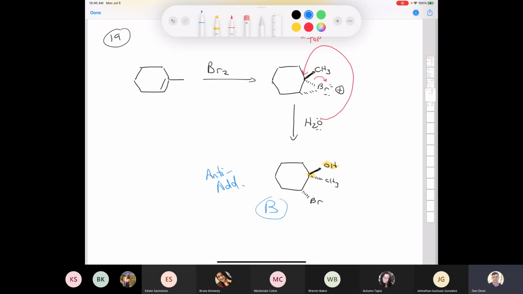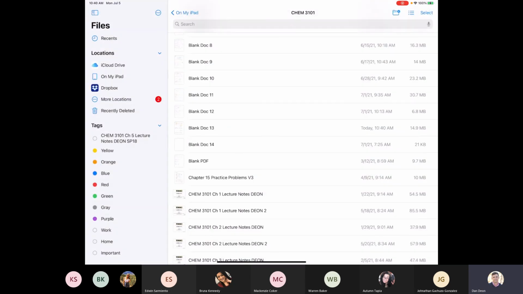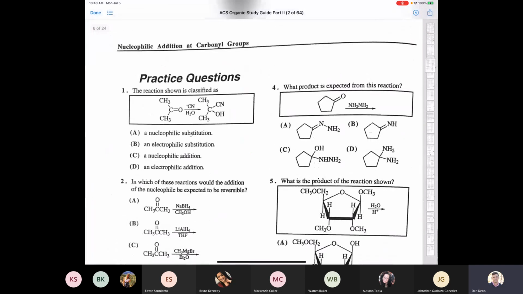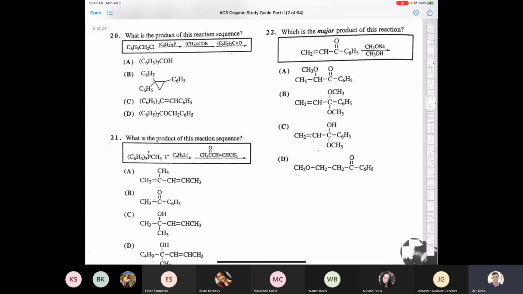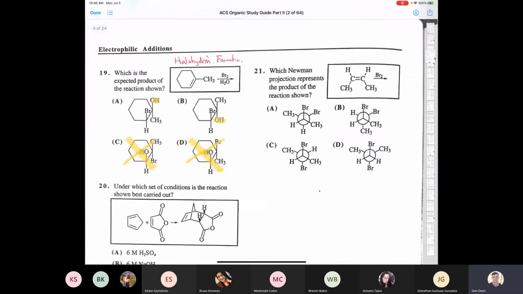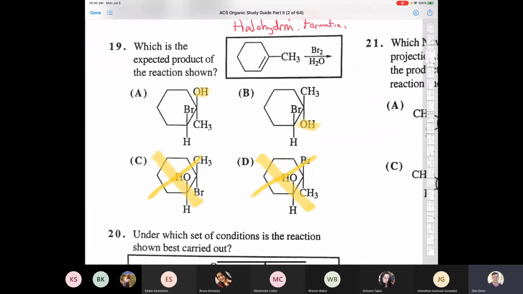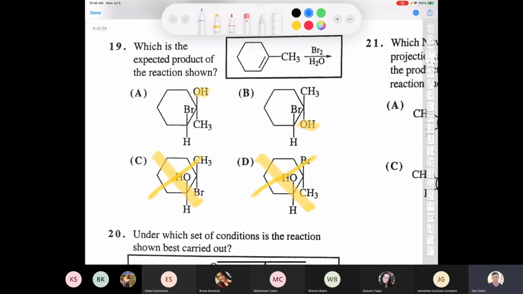If you go back to the answer key, which I'm going to try to find here. Oh, where was it? Here we go. If you look at A and B, both of them have the hydroxyl and the bromine on the right carbons, but you see that in A, the problem is that they're on the same face of the molecule, right?